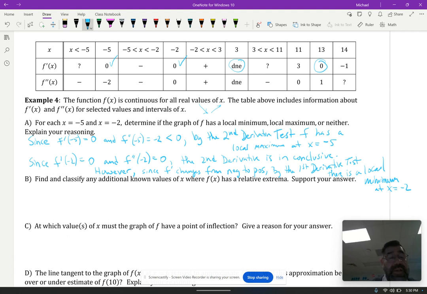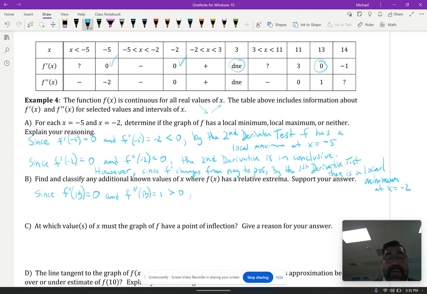So then I can say, since f prime at 13 is equal to 0, the derivative is equal to 0. That's a critical point. And f double prime of 13 is 1, and that's greater than 0. That means I have concave up.